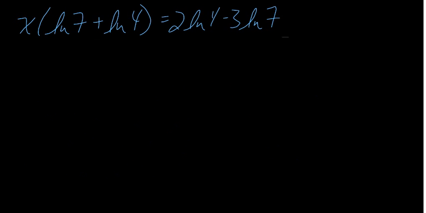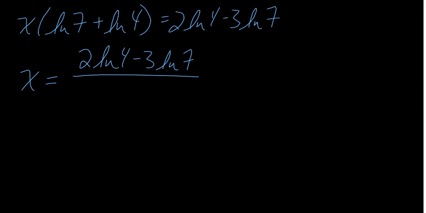So I need to just divide both sides by natural log of 7 plus natural log of 4. So I will have x is equal to, my numerator over there is 2 natural log of 4 minus 3 natural log of 7, divided by the natural log of 7 plus the natural log of 4.